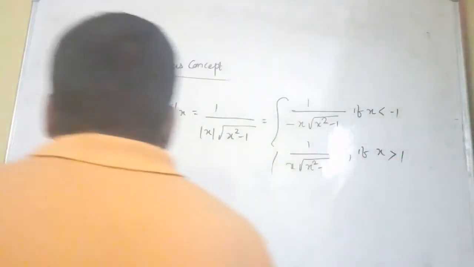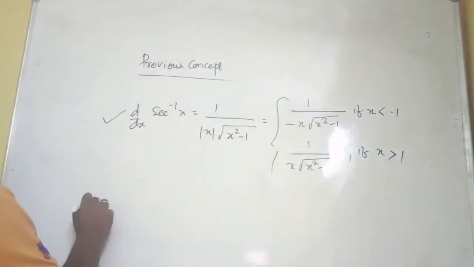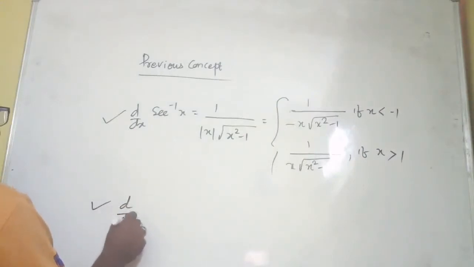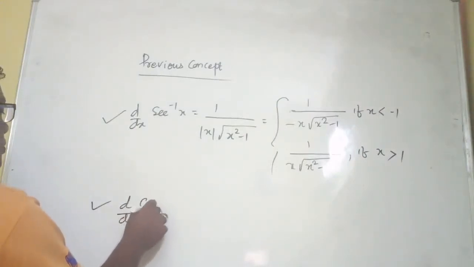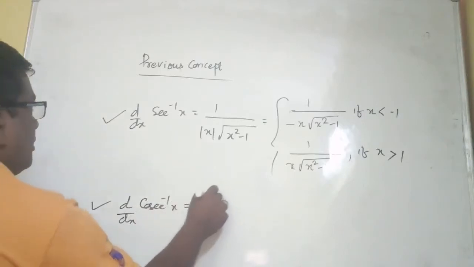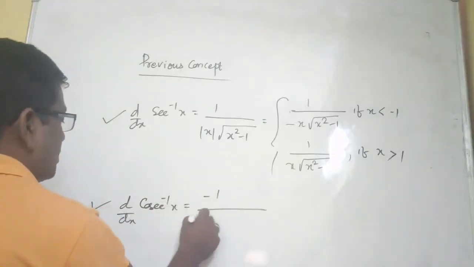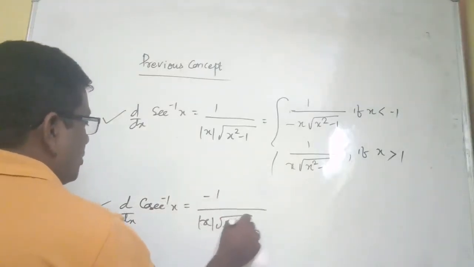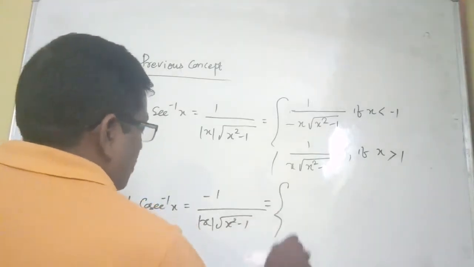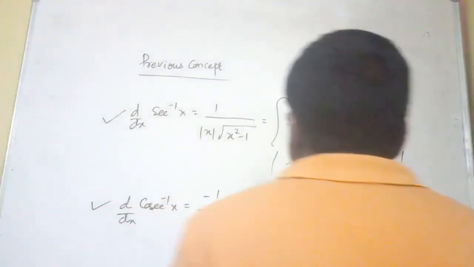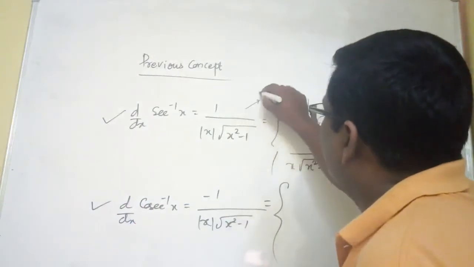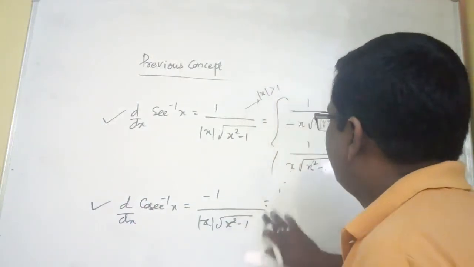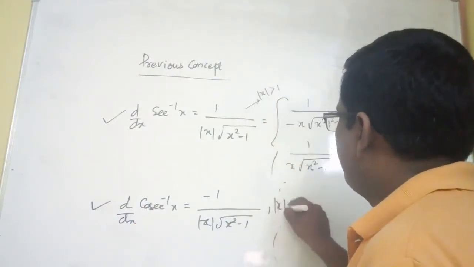Similarly, d by dx of cosec inverse x is equal to -1 by mod x root over x square minus 1. Here two cases, both for mod x greater than 1.